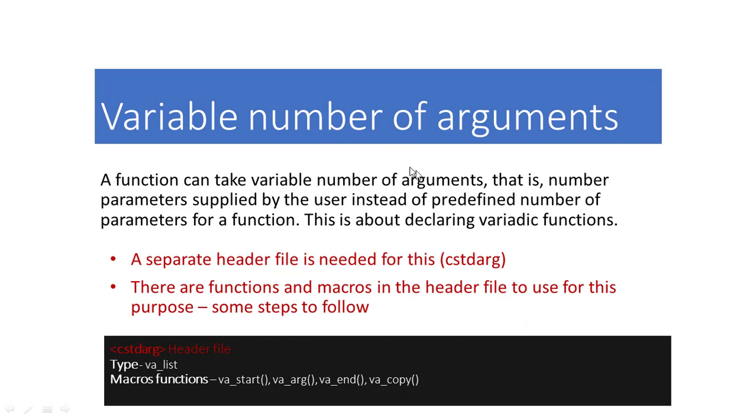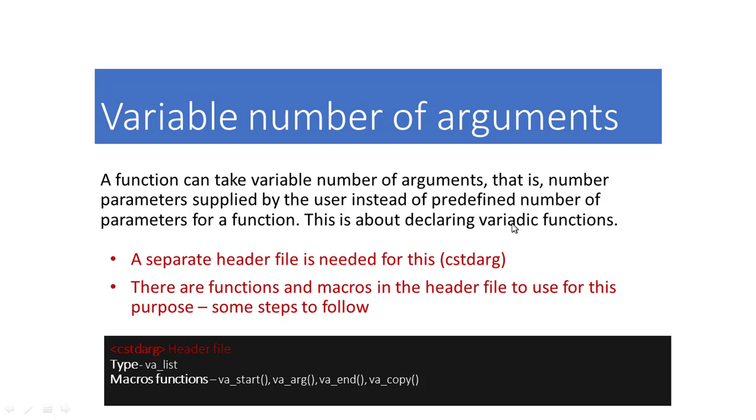Looking at the variable number of arguments part of it, a function can take a variable number of arguments, that is, the number of parameters supplied by the user instead of a predefined number of parameters for a function. This is more about declaring variadic functions.